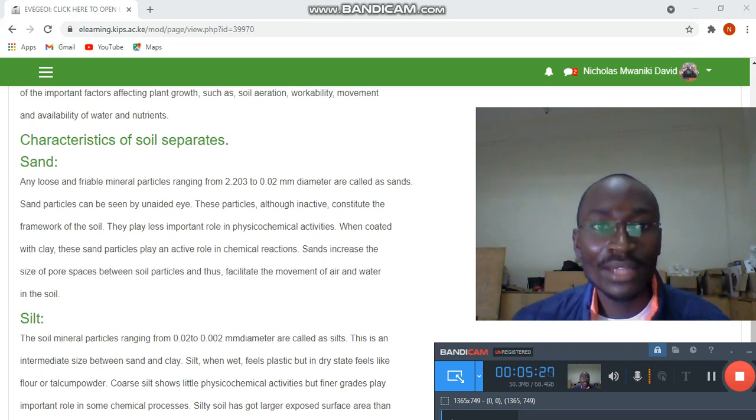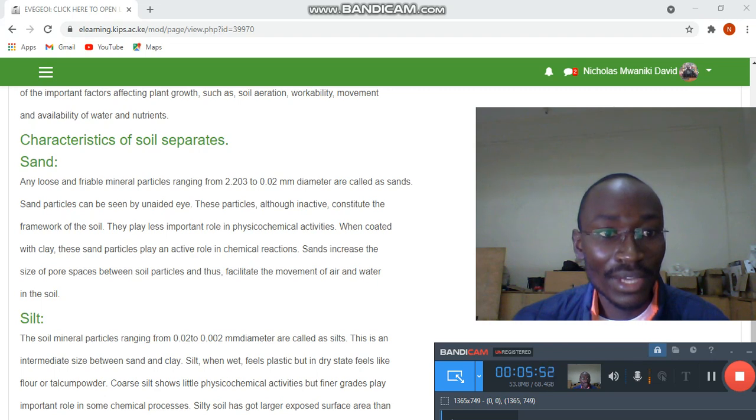These have the biggest diameter, and sand particles can be seen by the unaided eye simply because the particles are big. Although inactive, these particles constitute the framework of the soil, and they play a less important role in physiochemical activities.